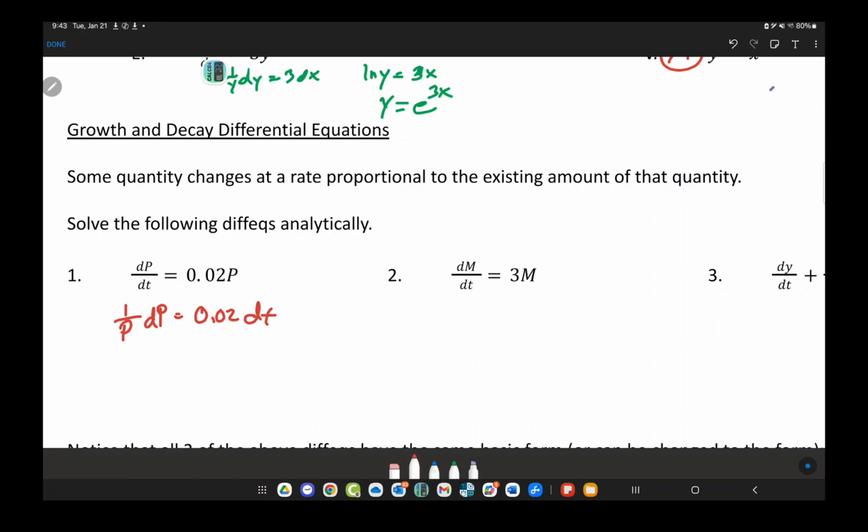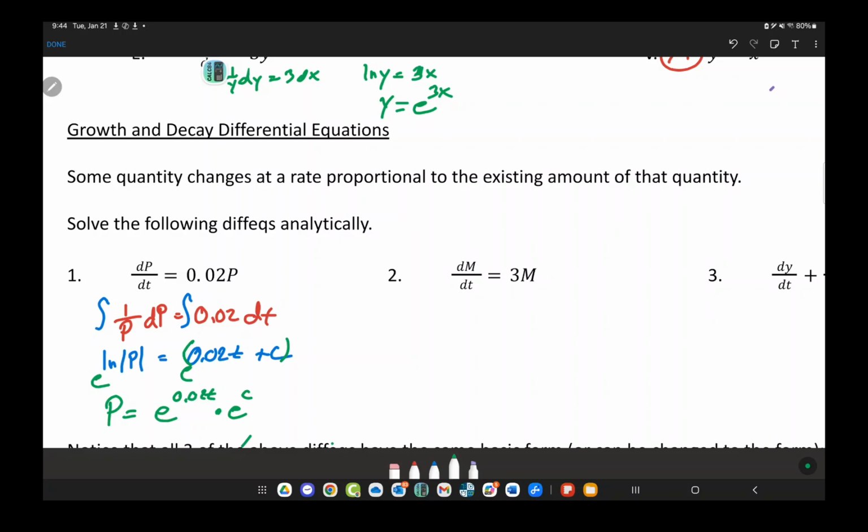What do we do when we integrate both of these? Natural log P equals 0.02 t plus C. So we get P is equal to e to the 0.02 t times e to the C. Now, what did we do with e to the C last class?